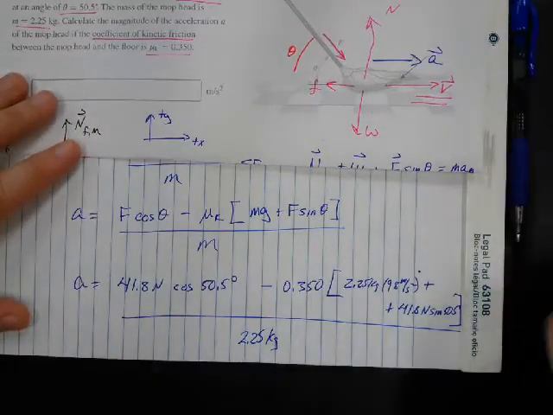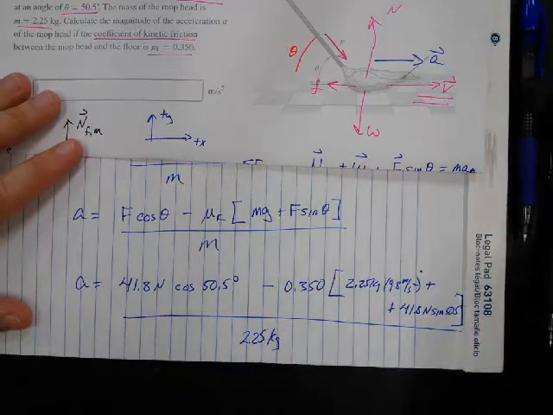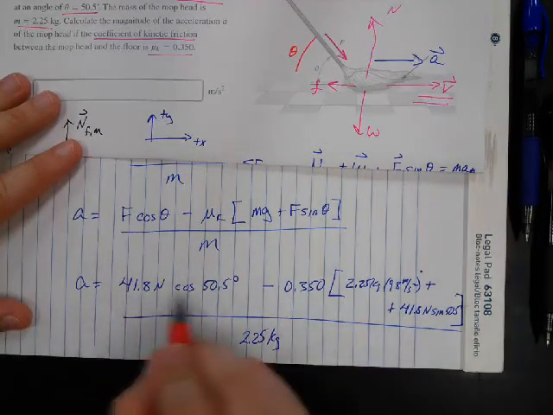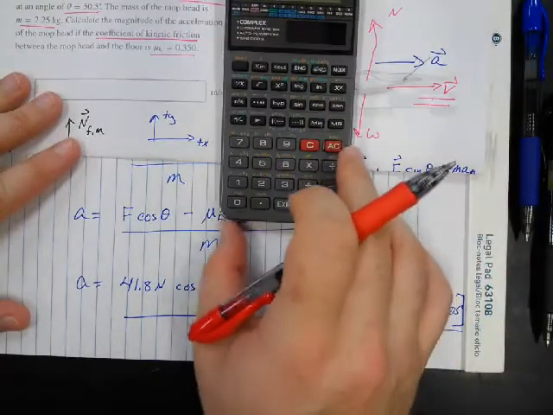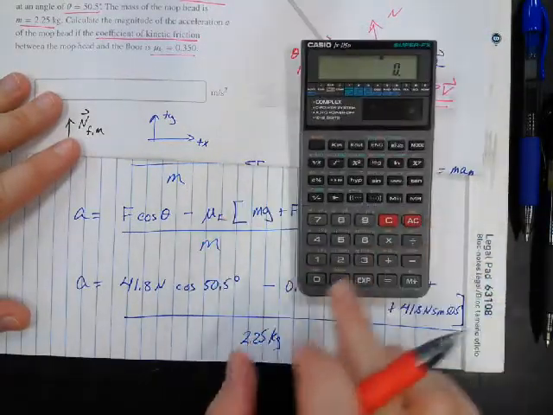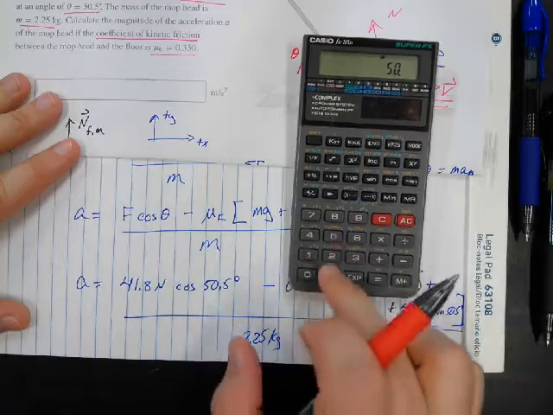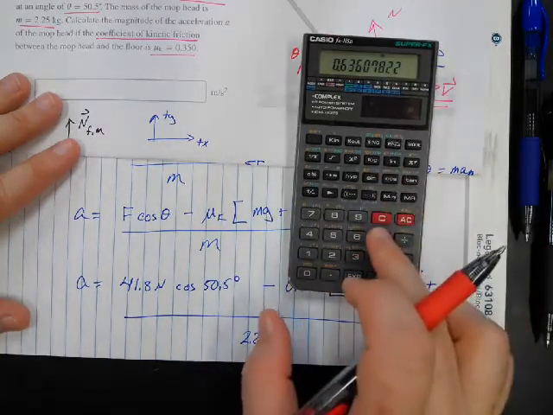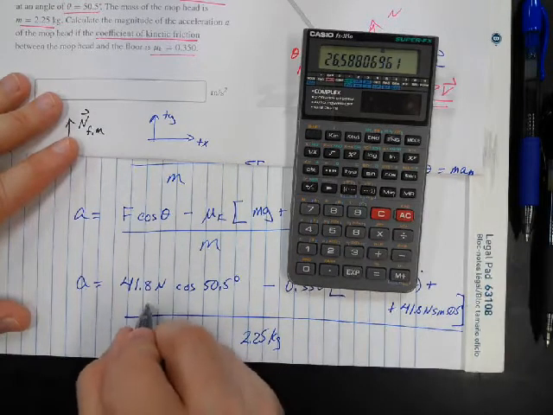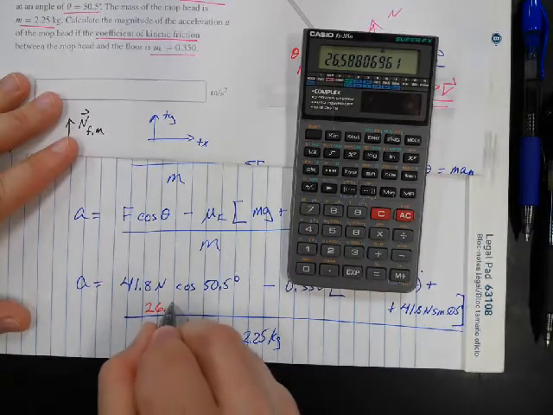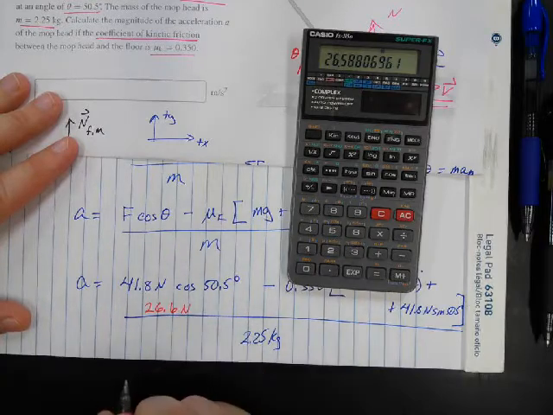So what I'm going to do is in red, I'm going to fill in what these things are. So I'm going to keep track of things here. So I'm trying to save paper. So we have 50.5 cosine times 41.8 is 26.6 newtons.